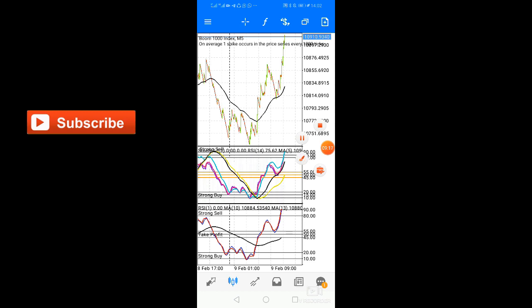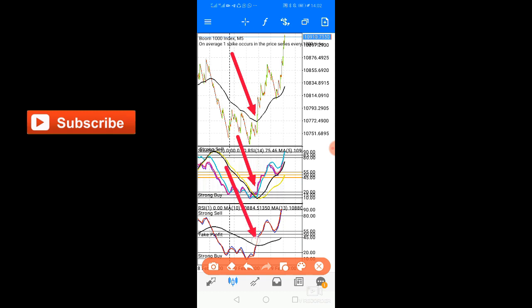We've got the market crossing above that moving average on the chart, and then we have the purple, pink, and blue crossing above the black and the yellow. And on indicator window 2, the red and the blue cross above the black after coming from our oversold zone.